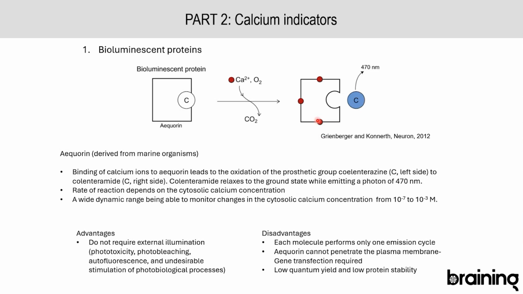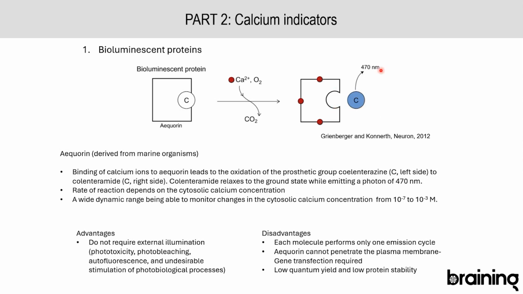When there is this removal of this group from the protein, there is the emission of a specific wavelength. So what does this translate to? When we have an increase in calcium in the specific system, the calcium will bind to the protein, we will have the release of this group, and we will have emission of light.